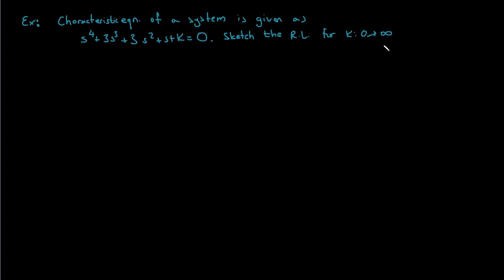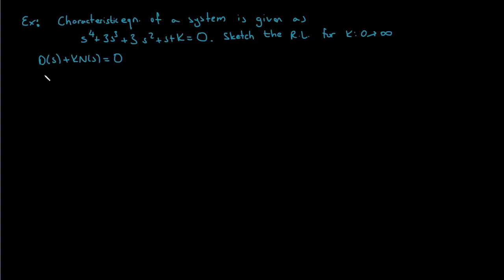Okay. So how should we approach this problem? We should first write this in the known form, right? I should write this as d of s plus k n of s equals 0.